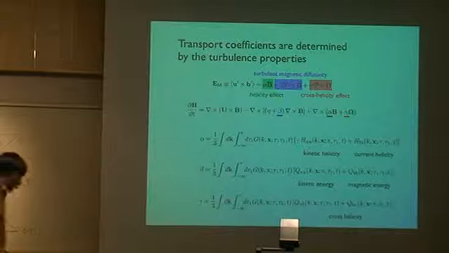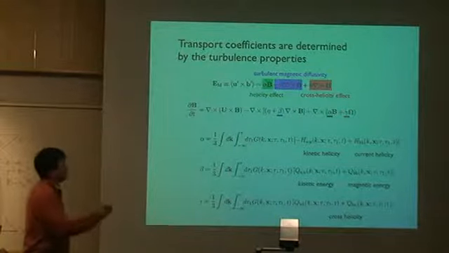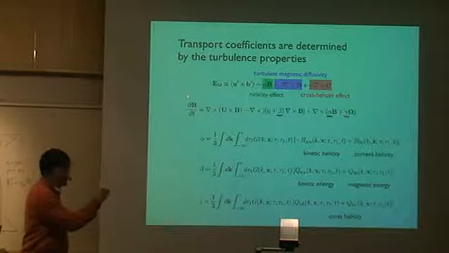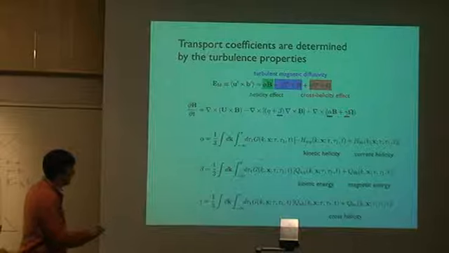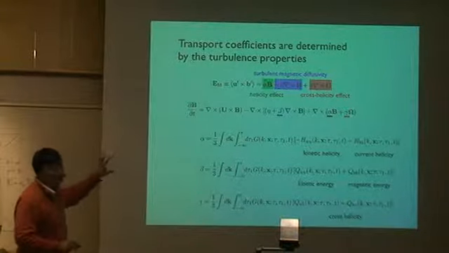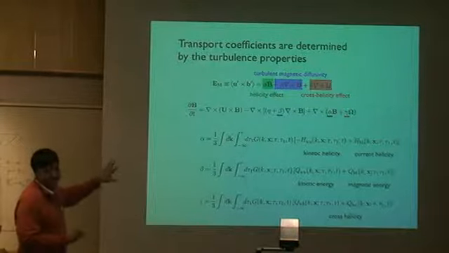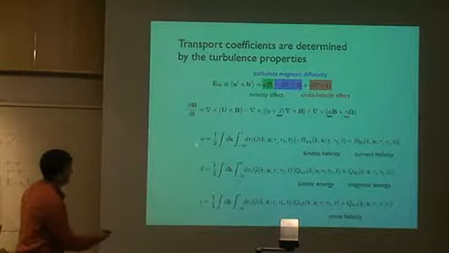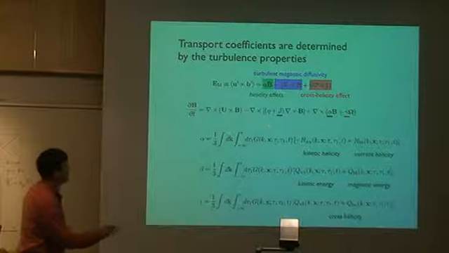And I have to skip the detail of how to derive the expression of this turbulent electromotive force here. But this is a theoretical result. So alpha and beta and gamma. For simplicity of explanation, I confined myself to only the isotropic expression. But anyway, alpha and beta and gamma are expressed, where G is the Green function of the turbulence field.